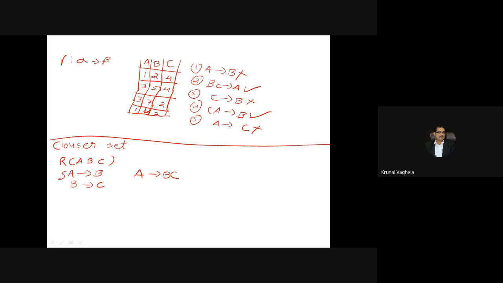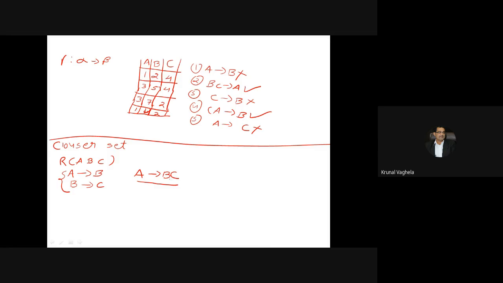This is directly visible, and this is, you can say, an indirect functional dependency, that is not directly visible, but from that you can derive that if I have A, I can find the value of B, and if I have B, I can find the value of C. So if I have A, I can find B and C both.